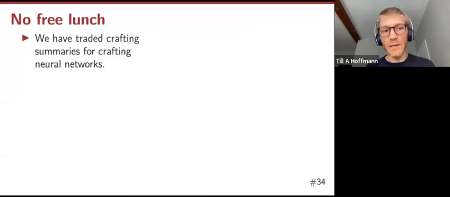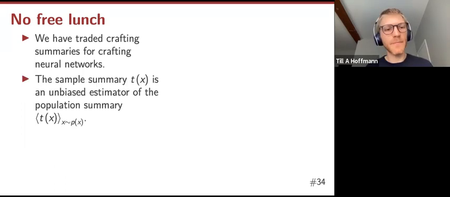But of course, there's no free lunch. We've just traded crafting summary statistics with experts for crafting neural networks, and that is a dark art in itself. Now, we can't know what the best architecture is, but some are in practice more useful than others for learning summaries.